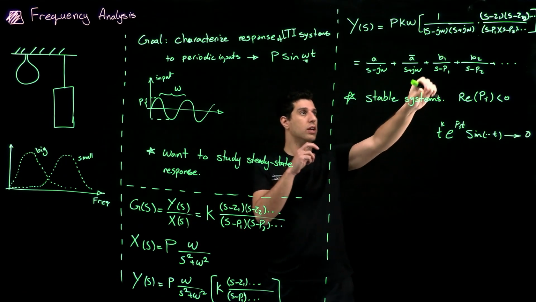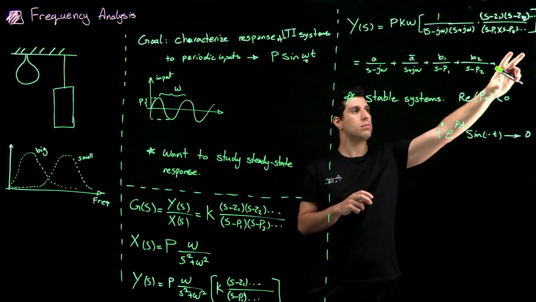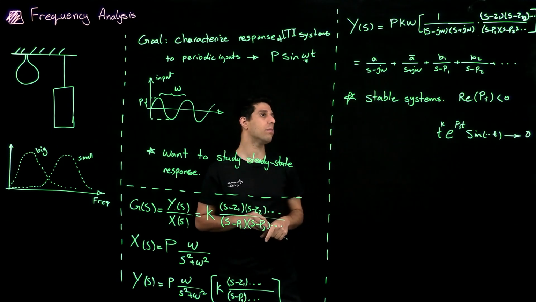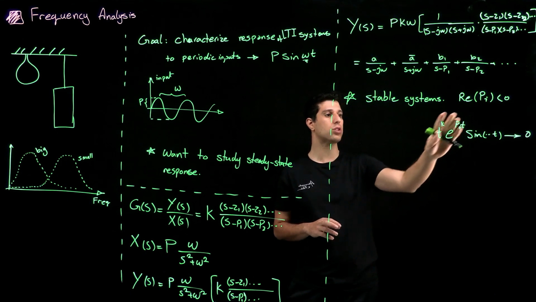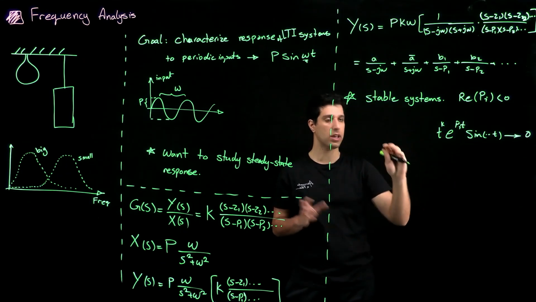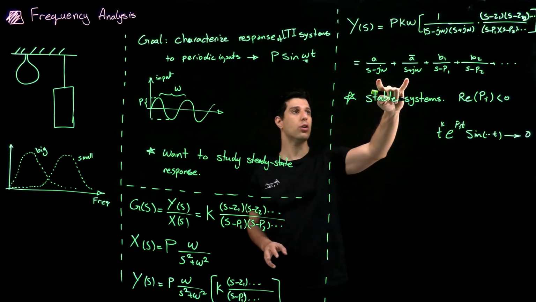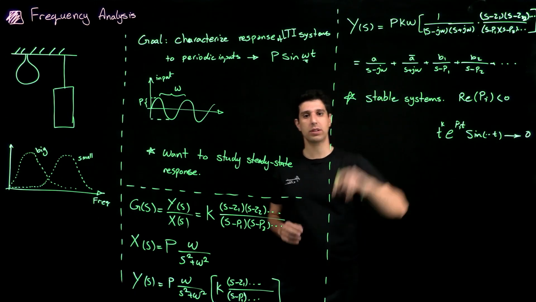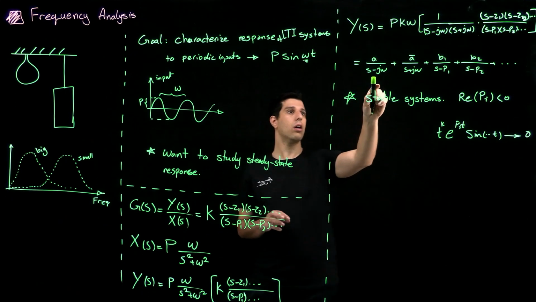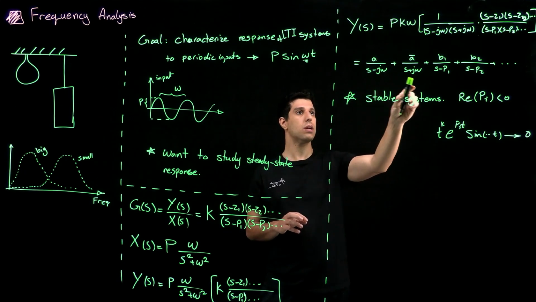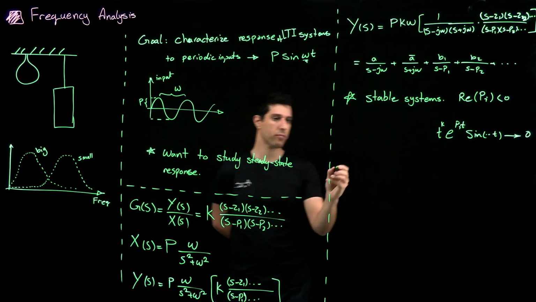The point is, all of these terms, the corresponding equations in the time domain, will include some exponentially decaying functions that go to 0, and the only terms that remain as time goes to infinity are those determined by these two terms.